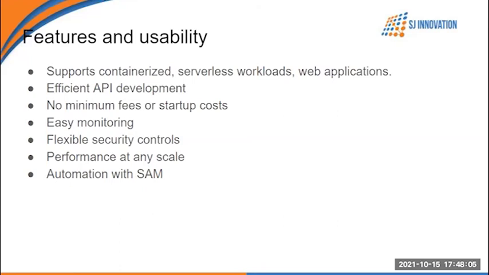You can use those templates to define what that API will do, what requests will be sent, and what response will be sent after you process any API or business logic. That automation is available if you work with this API. So these are the features and advantages available with API Gateway.